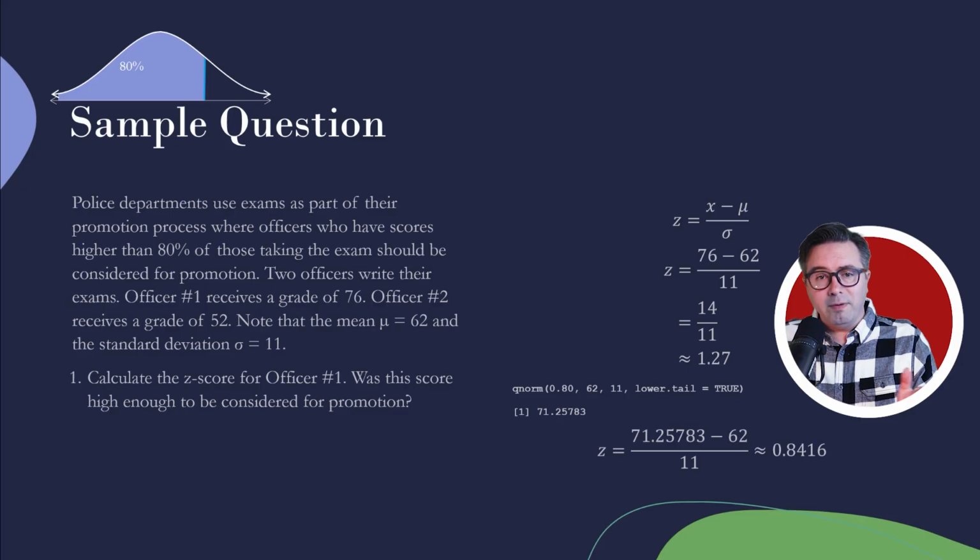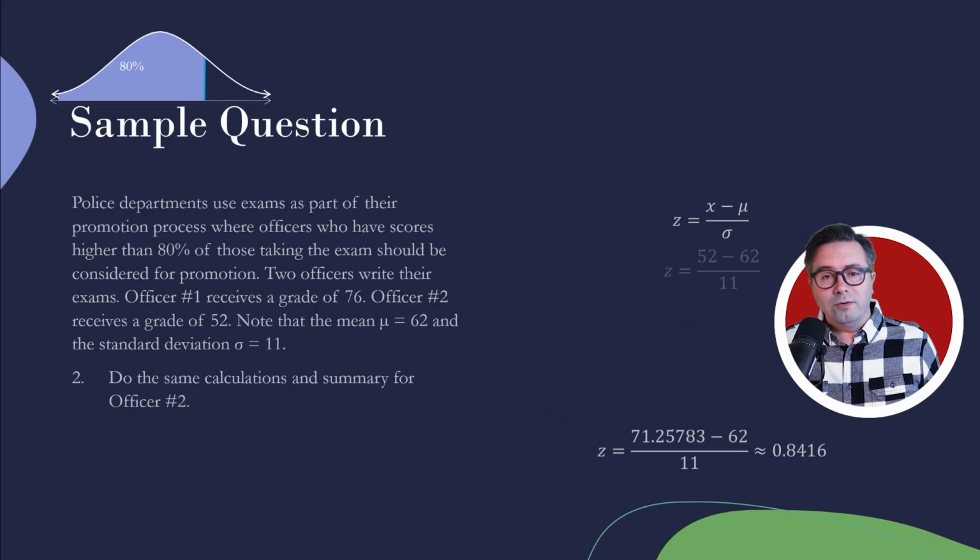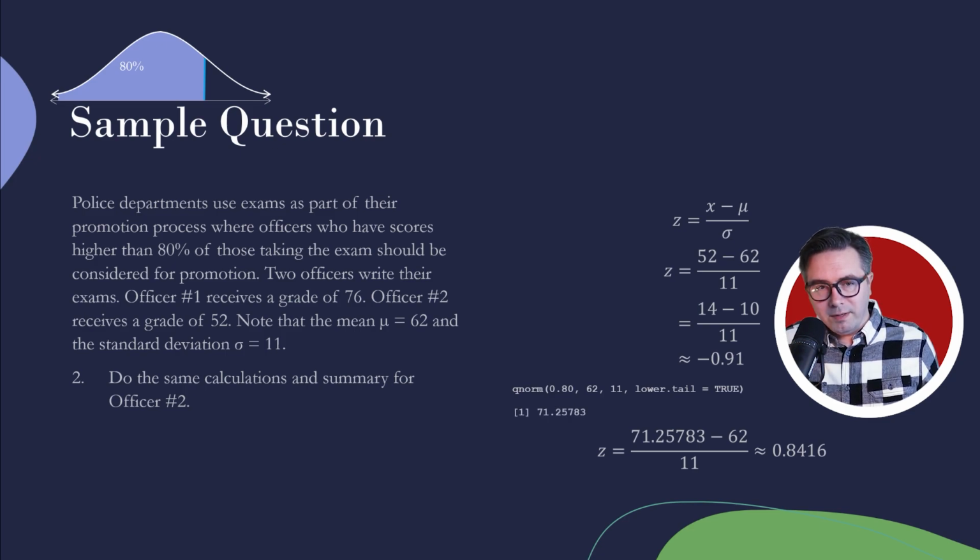When we plug that into our formula for z, we get 0.8416. Remember when I gave that more exact answer before? That's because I did it in R. For answer number 2, it's the same thing because we're just finding that 80% area, which would be 71.25783.